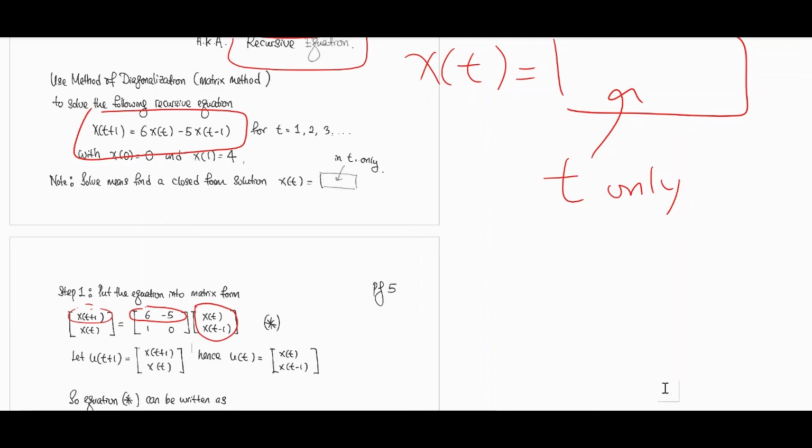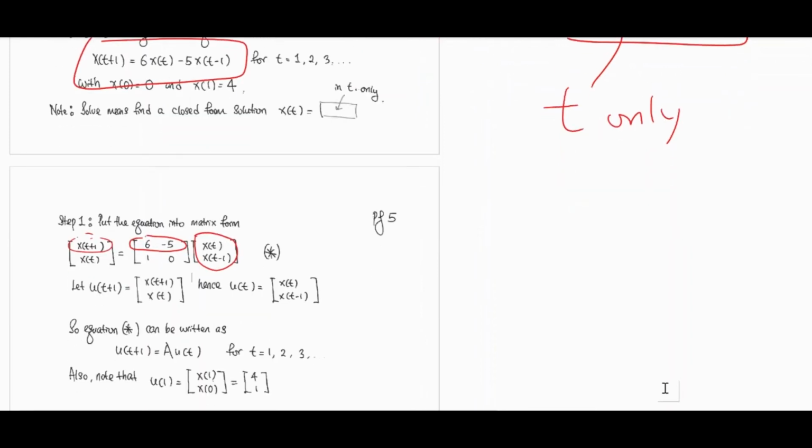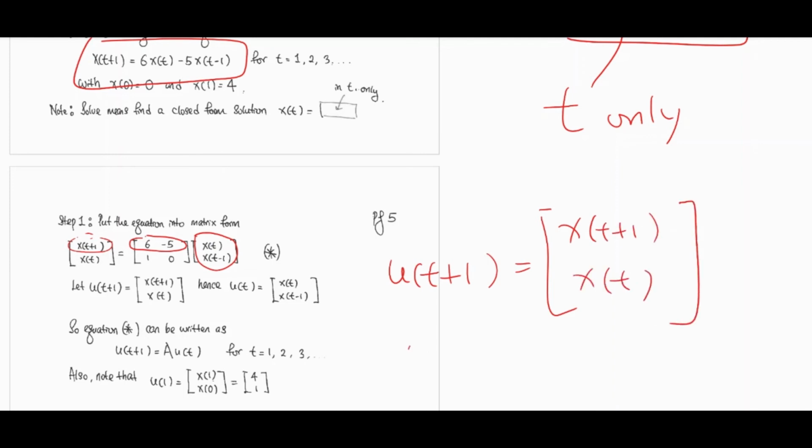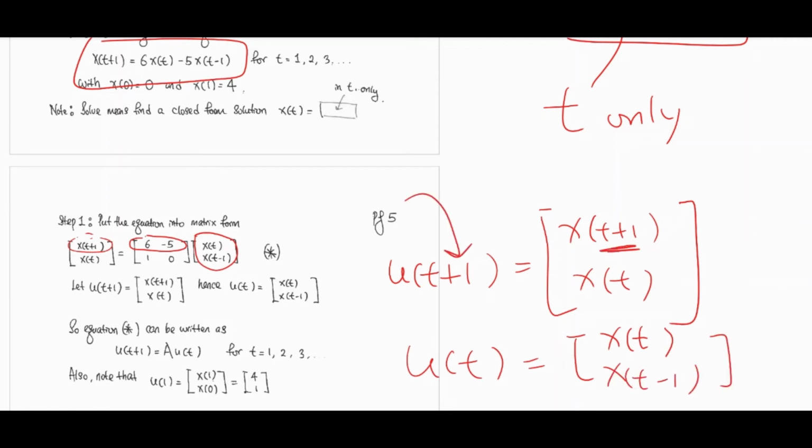Okay. Now, I'm going to change my variable a little bit. I'm going to write this as ut plus 1. So ut plus 1 is a column vector, which stands for xt plus 1 and xt. If you do that, then our ut is going to be xt and then xt minus 1. So this is t plus 1, so this matches with that.